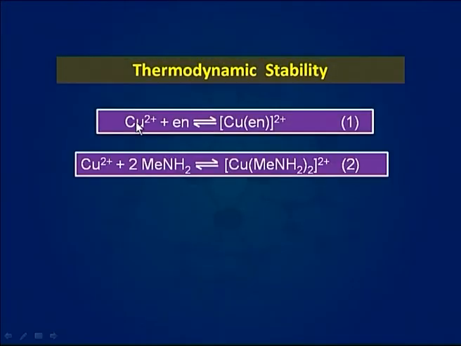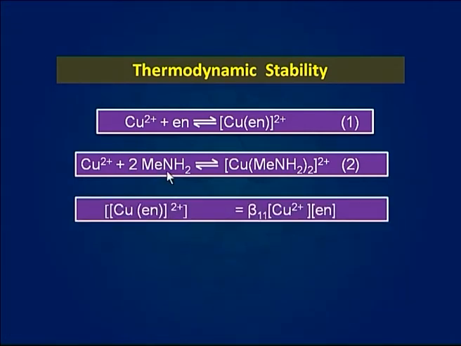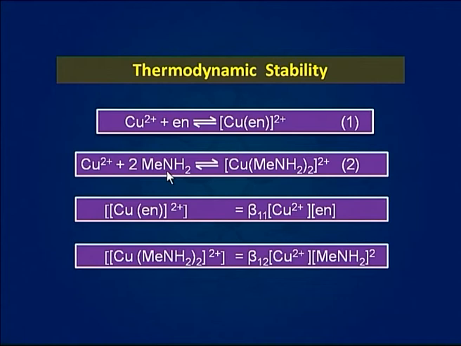Here we can see two equations, copper 2 plus binding with ethylene diamine and methylamine. If we write in concentration forms, then the concentration of ethylene diamine copper 2 plus will be equal to constant beta 11 times the concentration of copper 2 plus times the concentration of ethylene diamine.